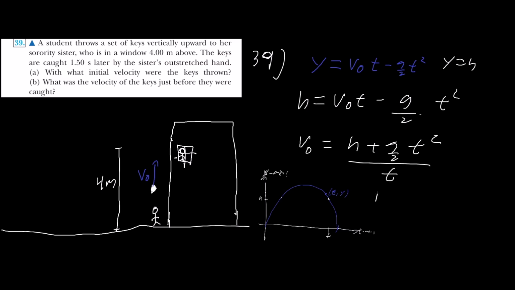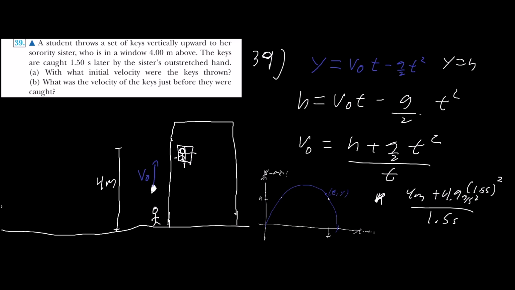So h is going to be 4 meters, plus 4.9 meters per second squared times 1.5 seconds squared, all over 1.5 seconds. So it's really just 4 plus 4.9 times 1.5 squared, divided by that many seconds, and I end up getting 10.1.